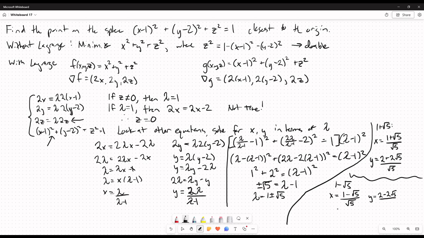This is over negative square root of 5. Similarly, this is over negative square root of 5, which makes sense because I think we can convince ourselves that this won't have any negative x coordinates. So this is then going to be square root of 5 minus 1 over square root of 5, and then 2 square root of 5 minus 2 over square root of 5.